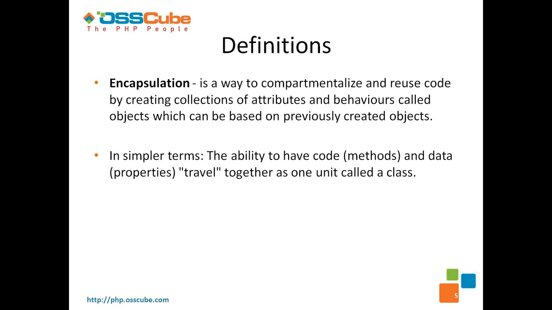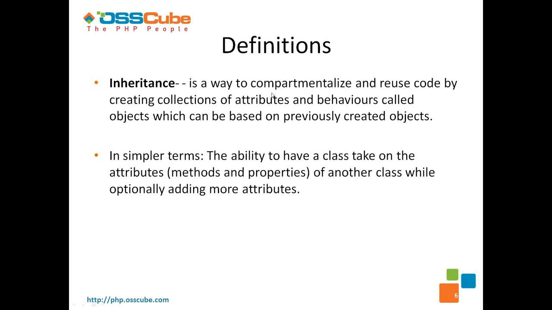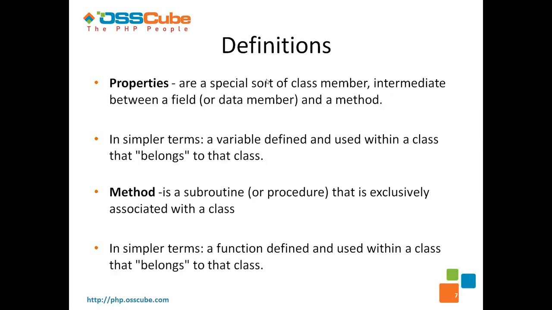That's the protection of code within its own class. Inheritance. We're going to be using inheritance quite a bit. Well, you'll see it in action hopefully today. And the definitions here between properties and methods.